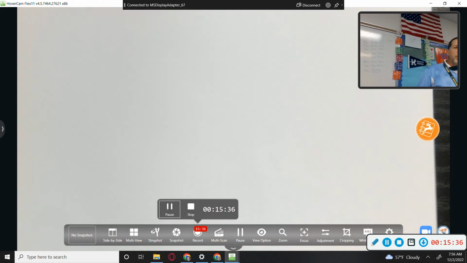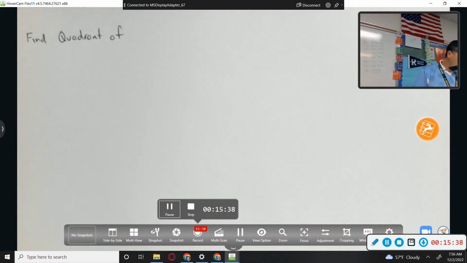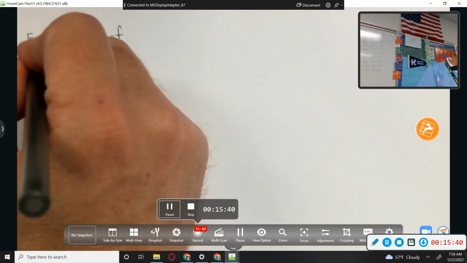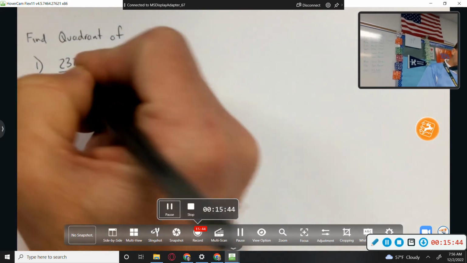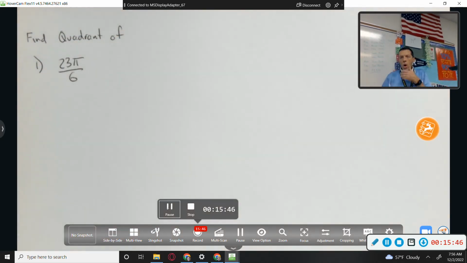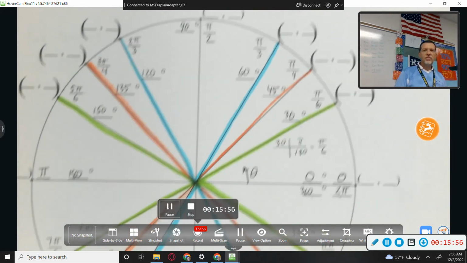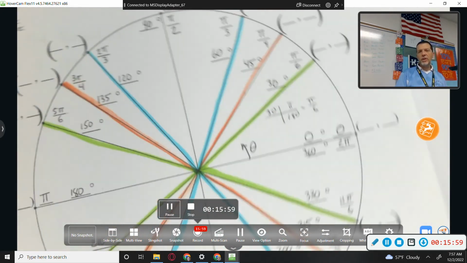We did a little bit of this yesterday. Find the quadrant of 23 pi over 6. Well, in some ways, I feel like that's not on the unit circle, 23 pi over 6.